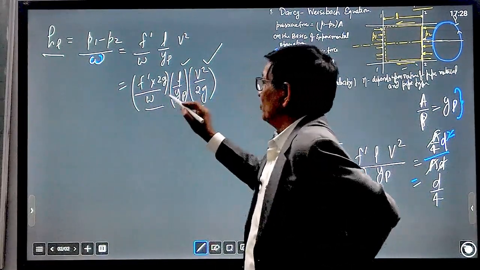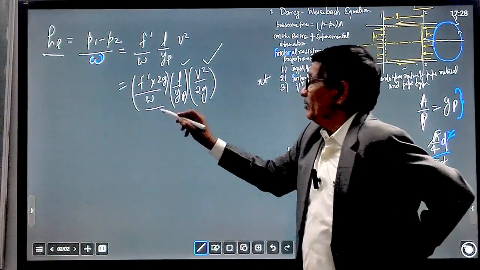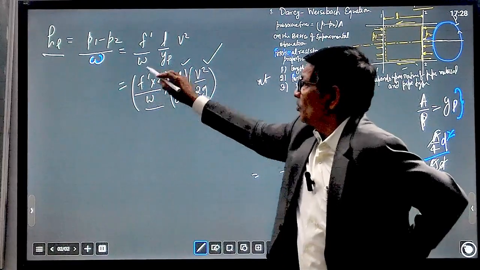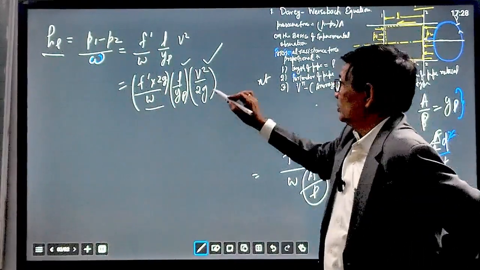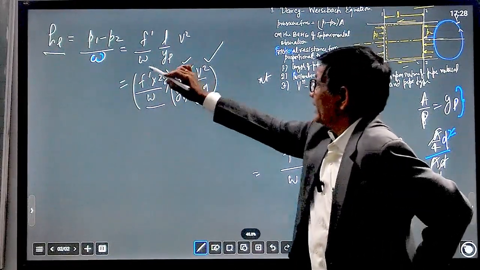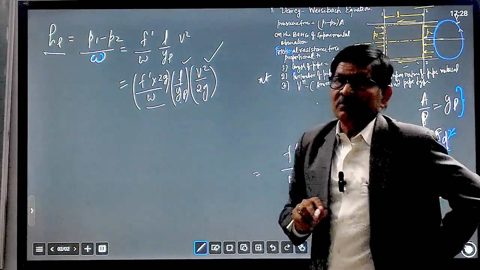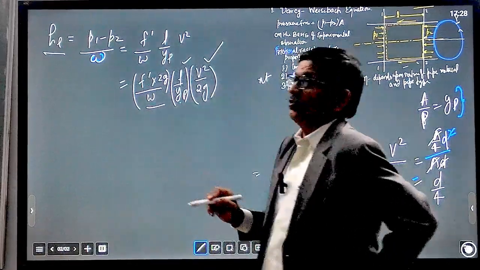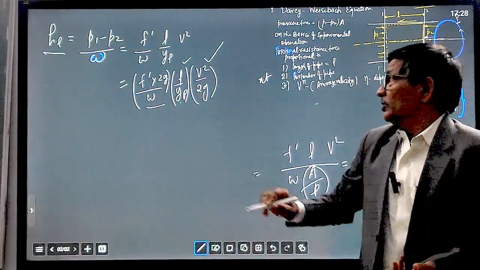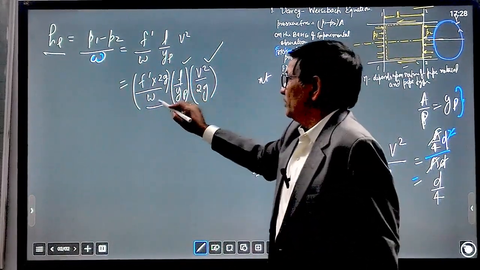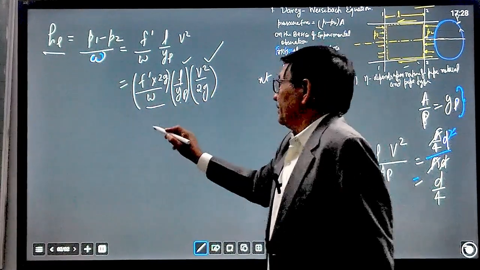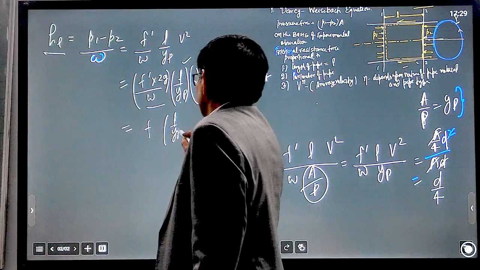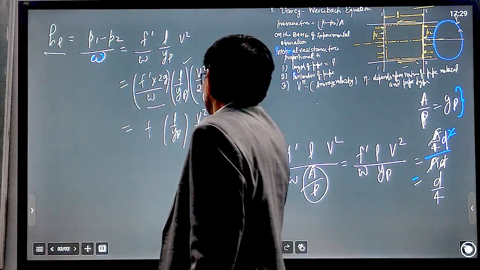This bracket value, F' into 2g upon W: F' is a dimensionless parameter, and 2g upon W times this whole quantity is dimensionless, because V squared upon 2g has the dimension of h_l and L upon Ym is dimensionless, so this is also dimensionless. We can combine these 3 parameters F', 2g upon W into a single parameter, which we write as f, with L upon Ym and V squared upon 2g.